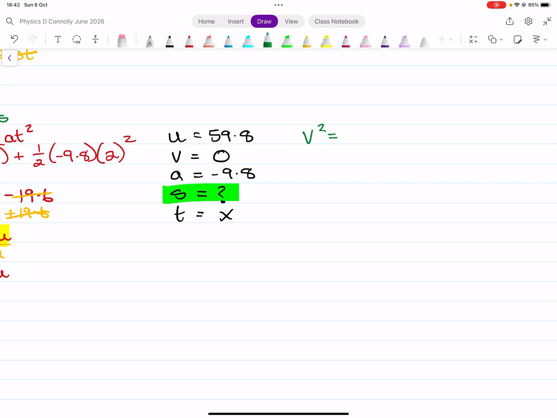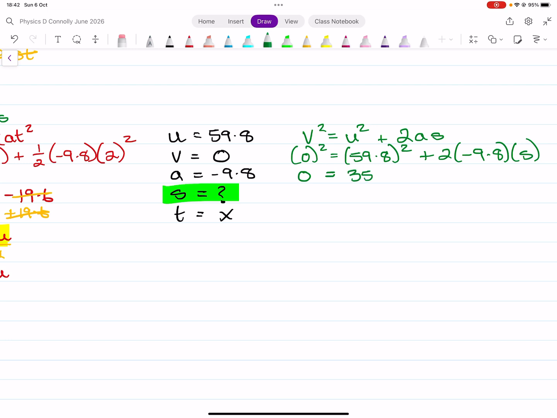V squared equals U squared plus 2AS. 0 squared equals 59.8 squared plus 2 by minus 9.8 by S. This is 0. This is 3576.04. This is minus 19.6S.